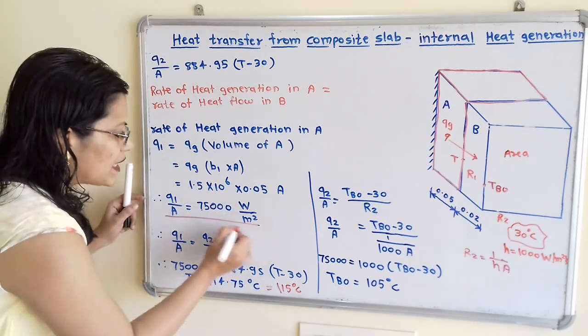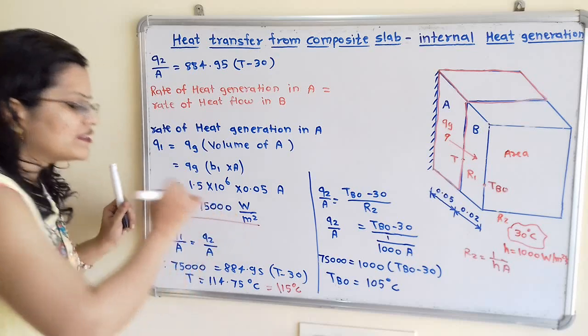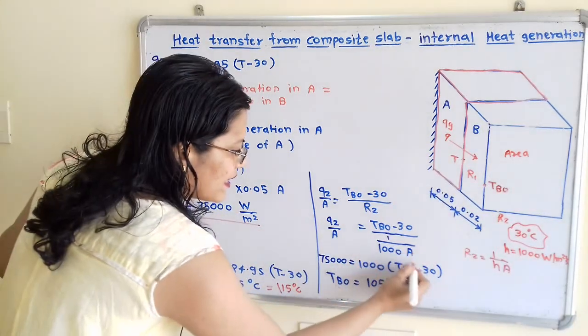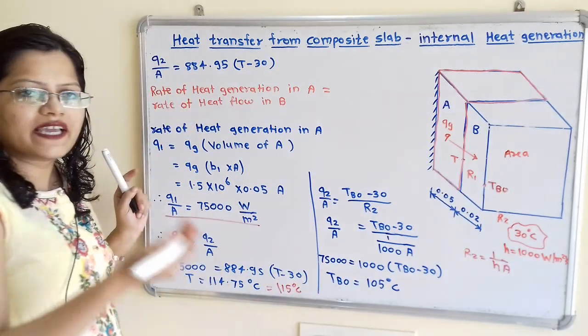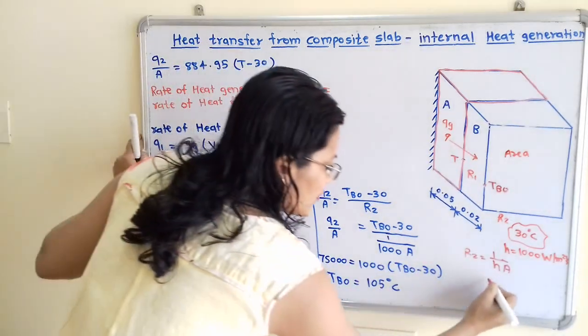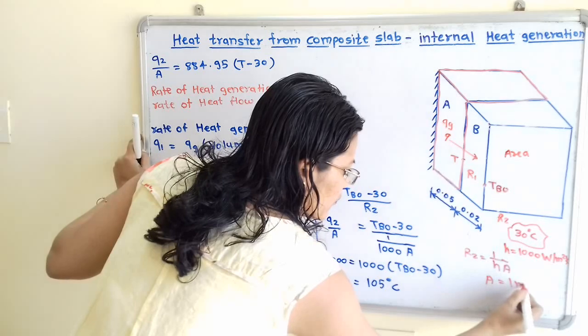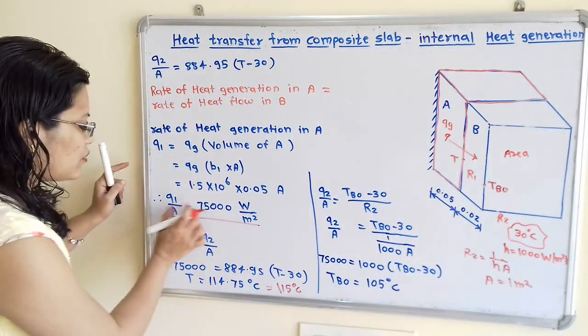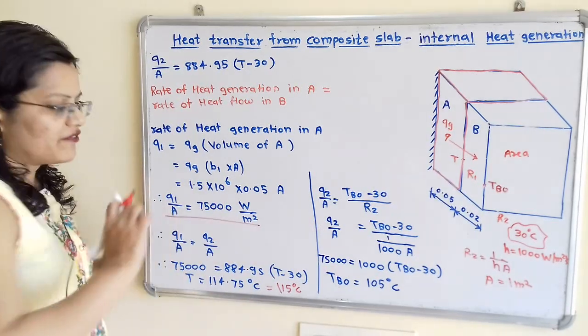That is, for 1 meter square the value given is 75,000 watt. So if I take area 1 meter square, that means area is unity. So we have to put area equal to 1 meter square, because for this area we have to take this value of Q2, 75,000.